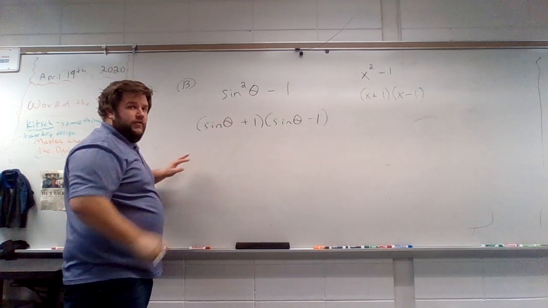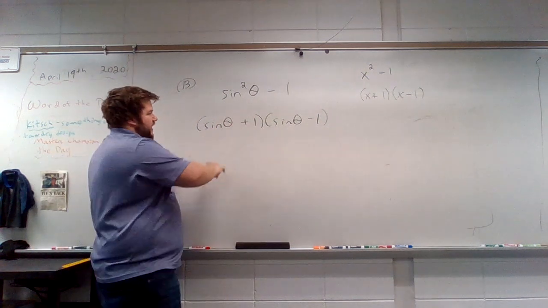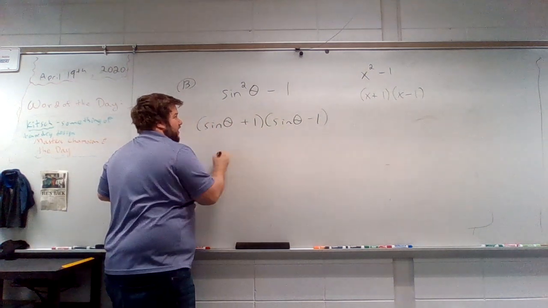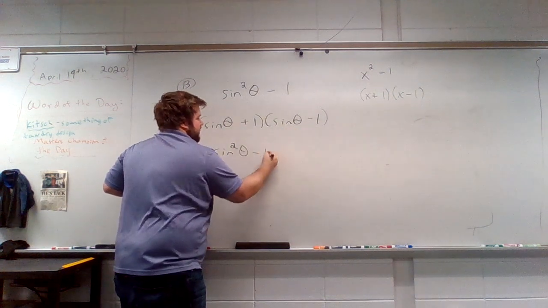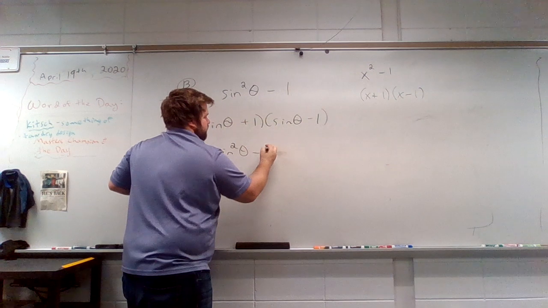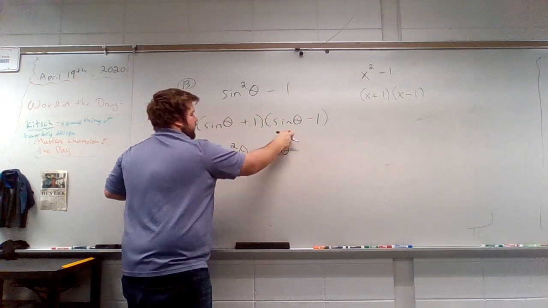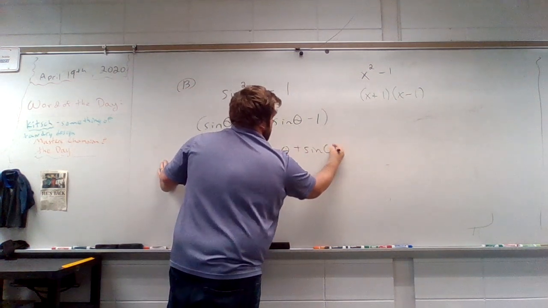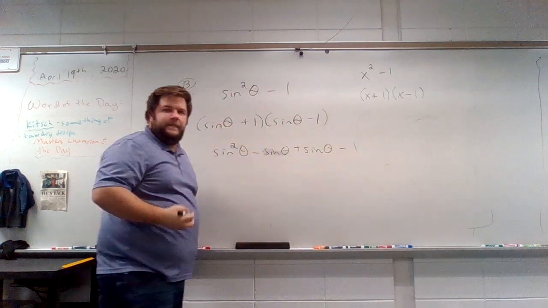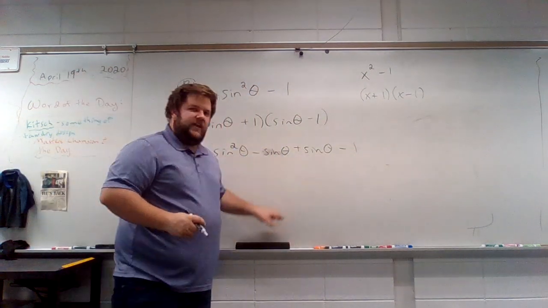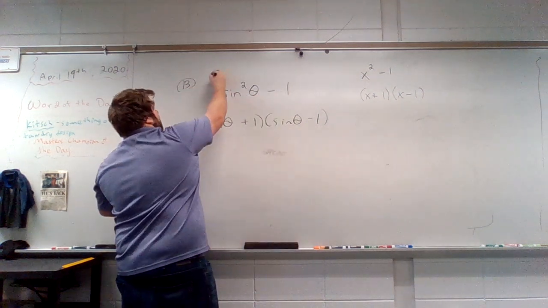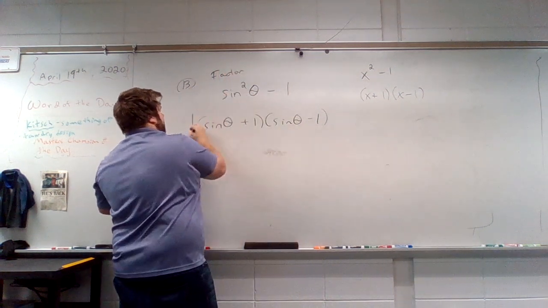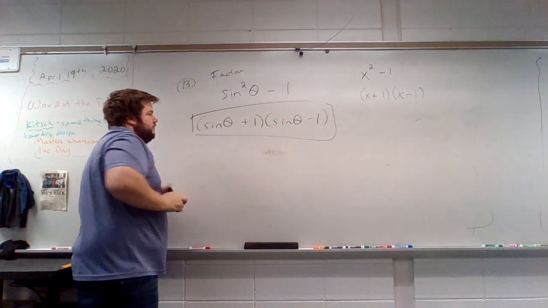Because if I were to distribute this, you don't need to write this part down, sine theta times sine theta is sine squared theta, minus sine theta, plus sine theta, minus 1. And those middle two cancel. Well, when I say factor, which is what I meant to write, this is our answer, right? We factored that expression.